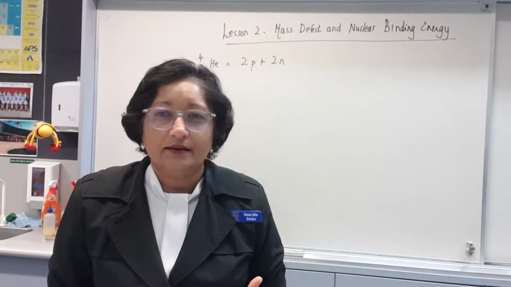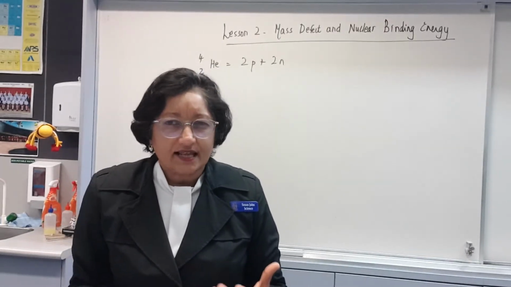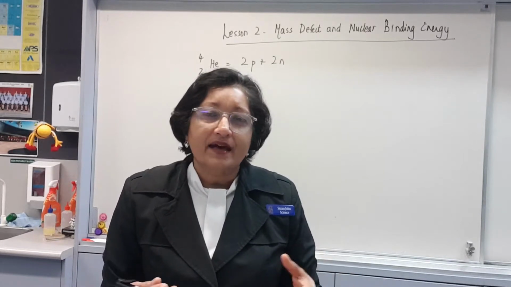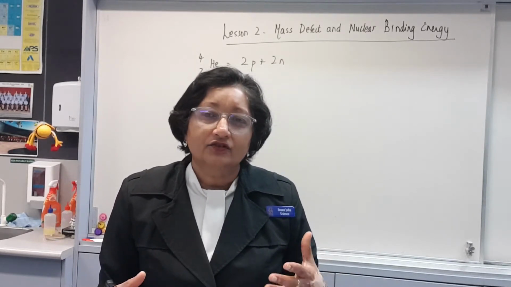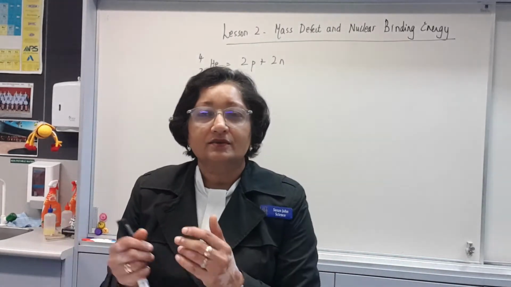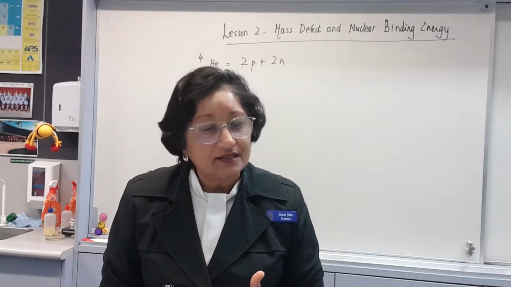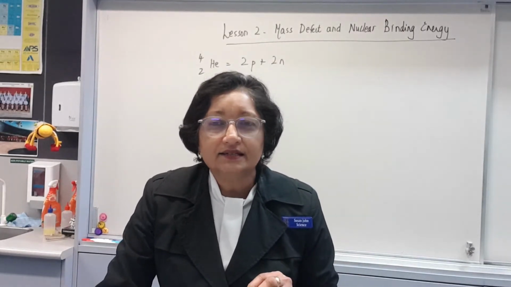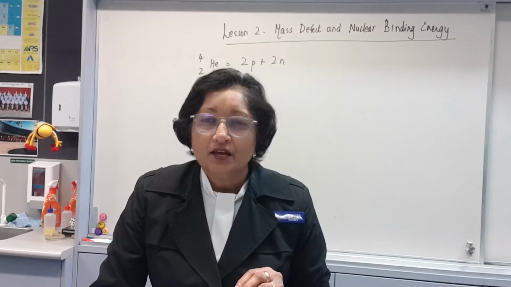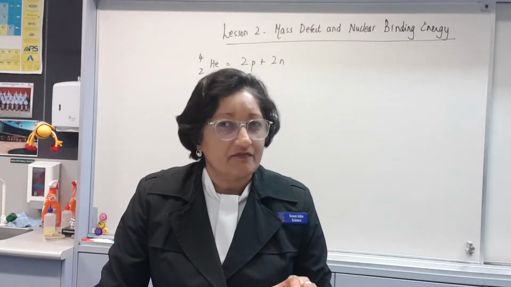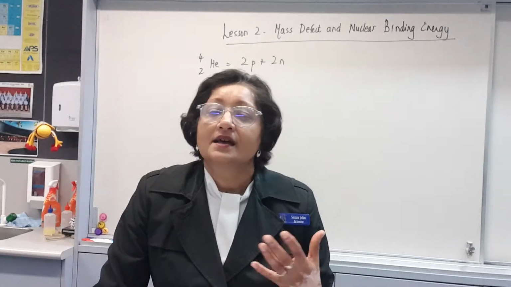And for a long time, scientists were wondering, why is that different? Because haven't you always learned that mass is accounted for? Even though there's some sort of a reaction, the total mass at the start should be equal to the total mass in the end. But this didn't seem to make sense with nuclear reactions. So that's when Einstein came up with his theory. Till now, we thought that matter is made up of mass and just mass.